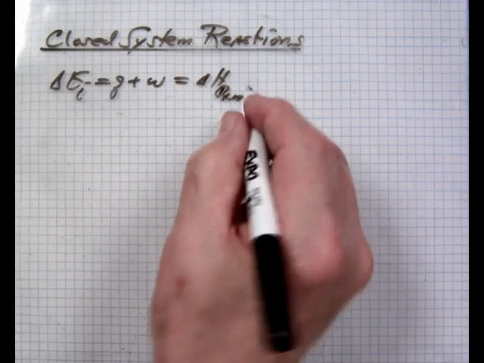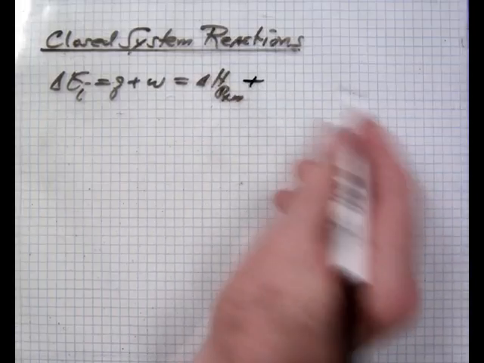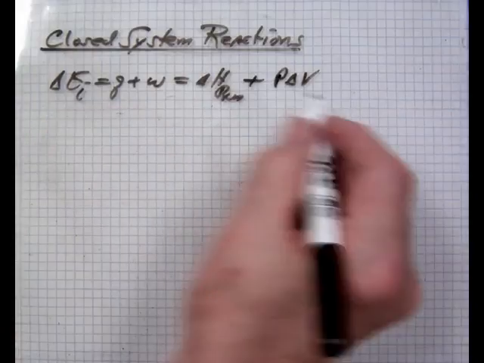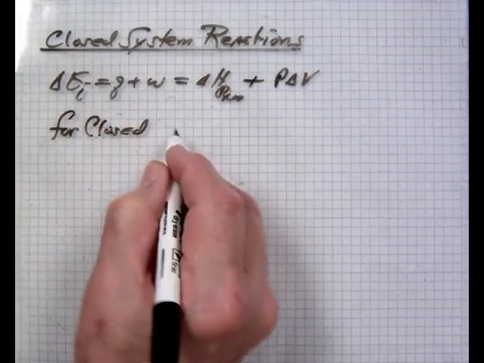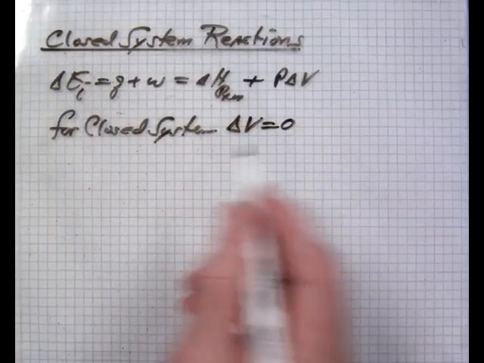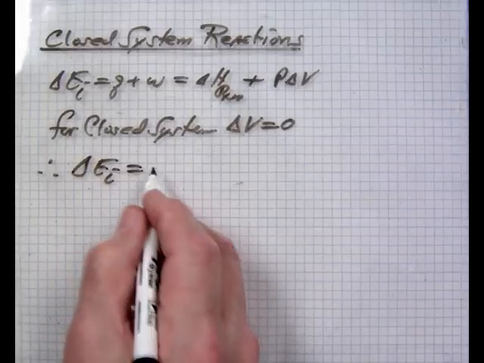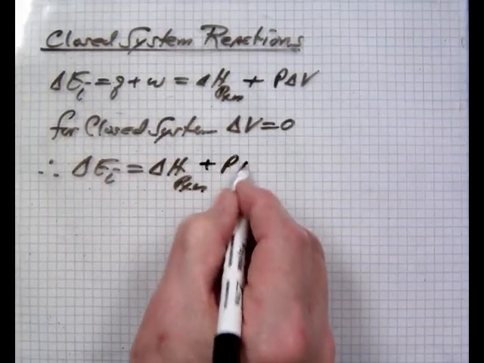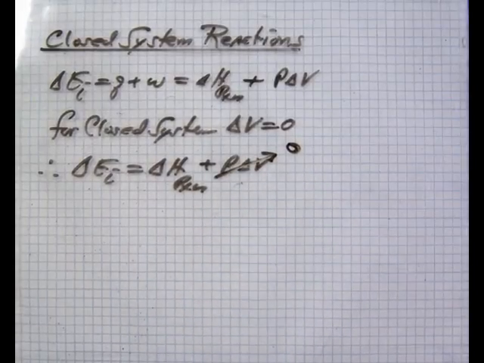In closed systems, delta E equals delta H of reaction plus P delta V. For a closed system, delta V equals 0. Therefore, delta E equals delta H of reaction plus P delta V, and this goes to 0 because delta V is 0.